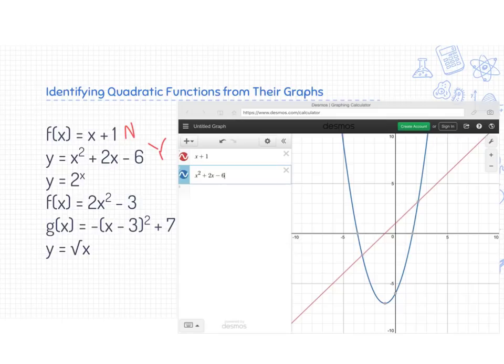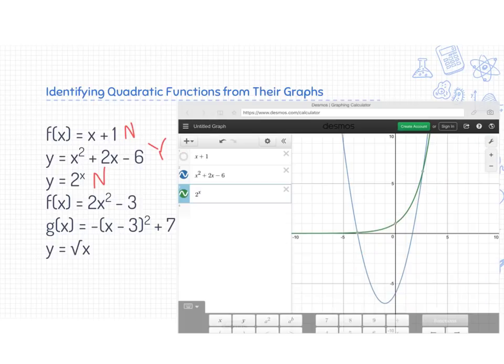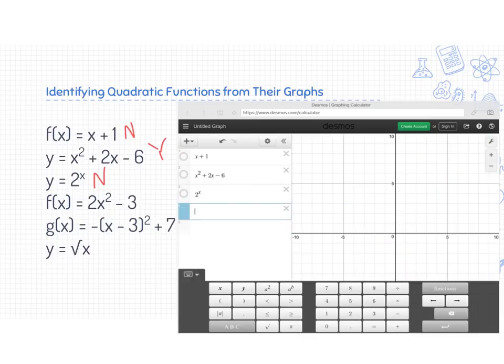And then the next one is 2 to the power of x. And you see that green, it does have a curve to it, but it does not go back up like a parabola, so that one would be a no. Now, next one is 2x squared minus 3.